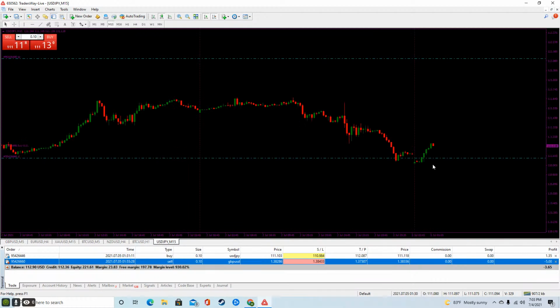All right. Well, USD JPY. They're coming back, probably retesting. We're gonna see how this goes. Hopefully it goes our way. All right. So I guess everything's coming back to retest.